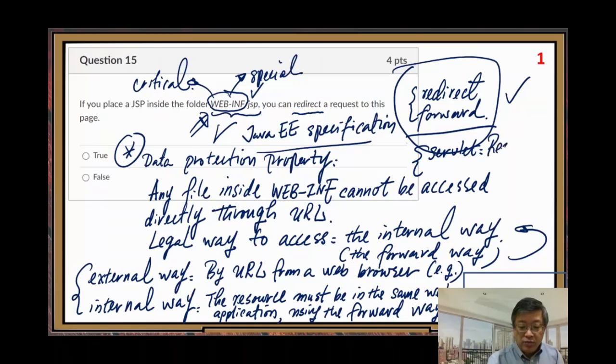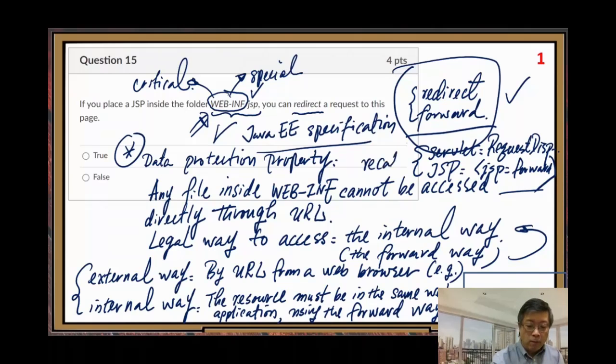Use that request dispatcher object. JSP, how do you access that? Using that JSP forward action, jsp:forward, that action to do it. Just recall. The detail you can see from the previous video.